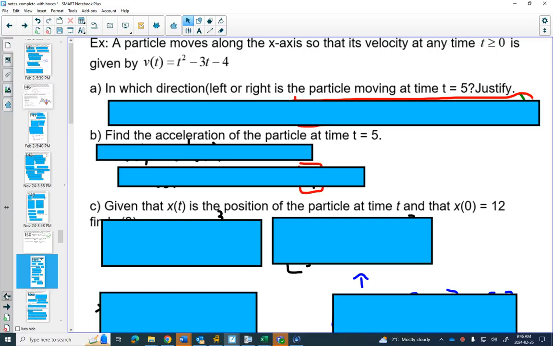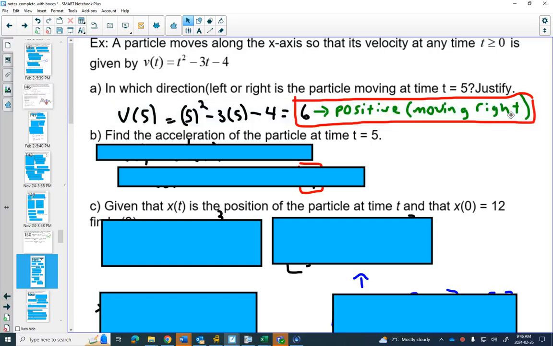Well, if we plug in 5 into our velocity function, we get a velocity of 6. Since that velocity is positive, in this situation, it would tell us that it's moving to the right. A negative velocity would tell us that it's moving to the left.